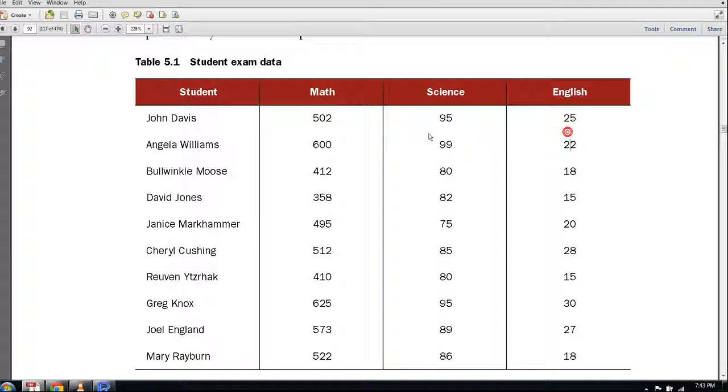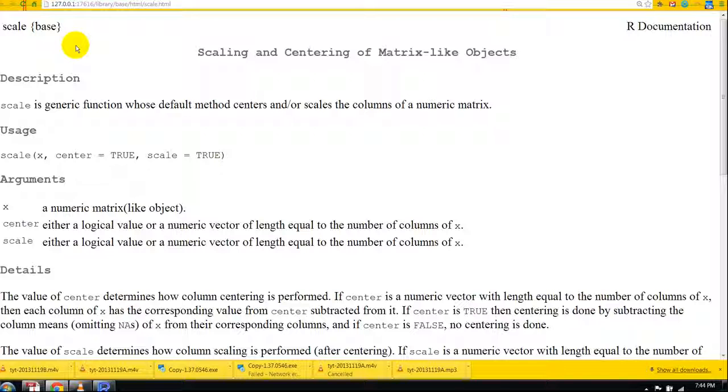And then, suppose that after you converted these to percentages the average was only 50%, and here the average was 80%. Then you'd want to make the means the same as well, possibly, before you combine all of them. So anyway, that's this one. This scale function does that kind of stuff, and we'll discuss in more detail how it works, but that's basically what we try to do with it.